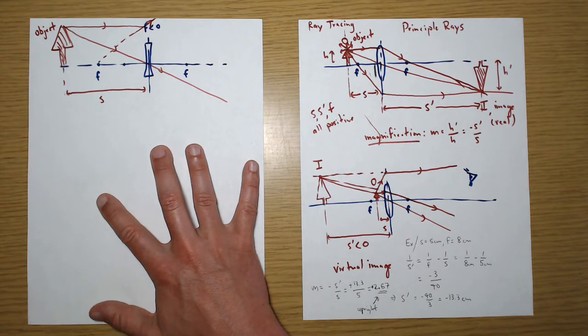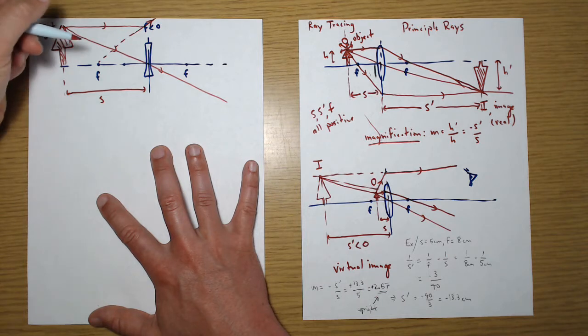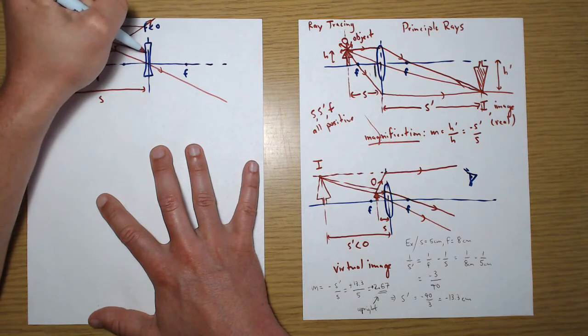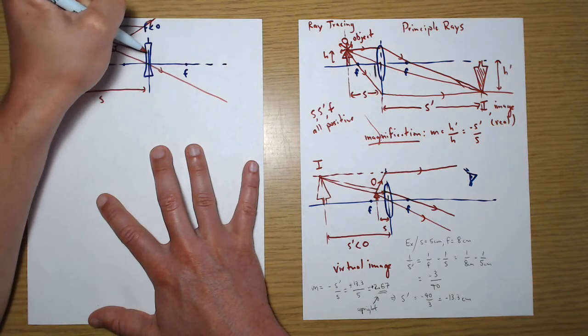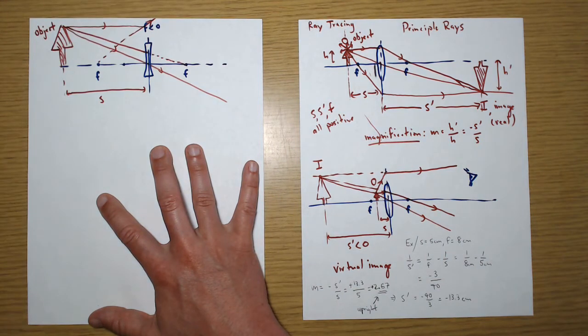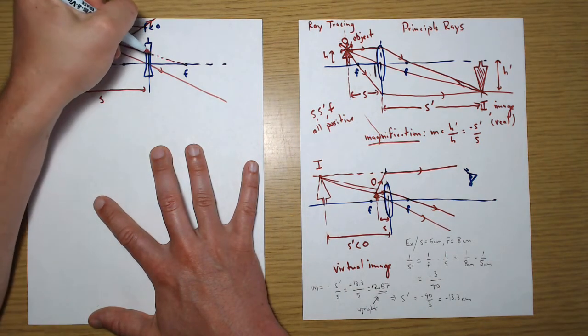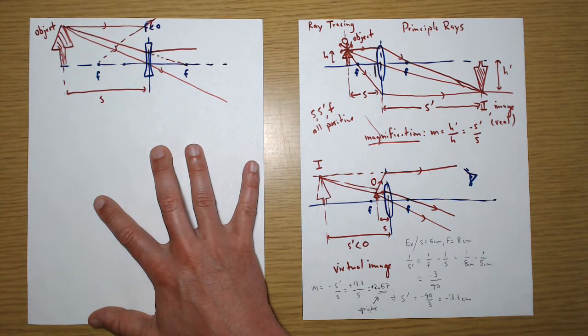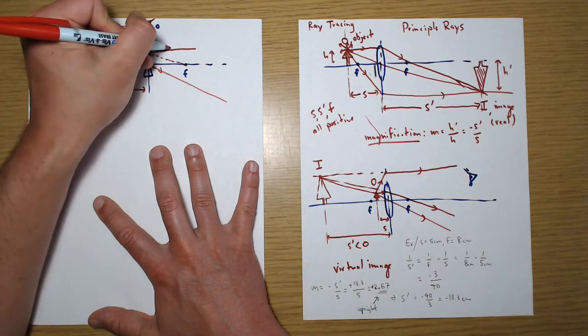And finally, let's say I have a ray that would head directly into the focal point. Let's say this ray was heading directly into the focal point, but I'm going to extend it virtually on this side, like that. And then I'm going to sketch a parallel line here, and I'm going to put arrows like this.